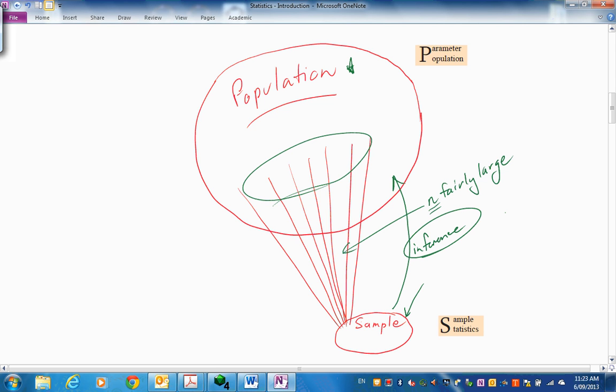So this process is prone to error. Can you see that? To start with, this sample is going to have to be carefully chosen, and even then it's relatively small. See this rather small size I put relative to the population, trying to show you we've got some errors going to come in here as we try to use sampling to make inferences about a population.